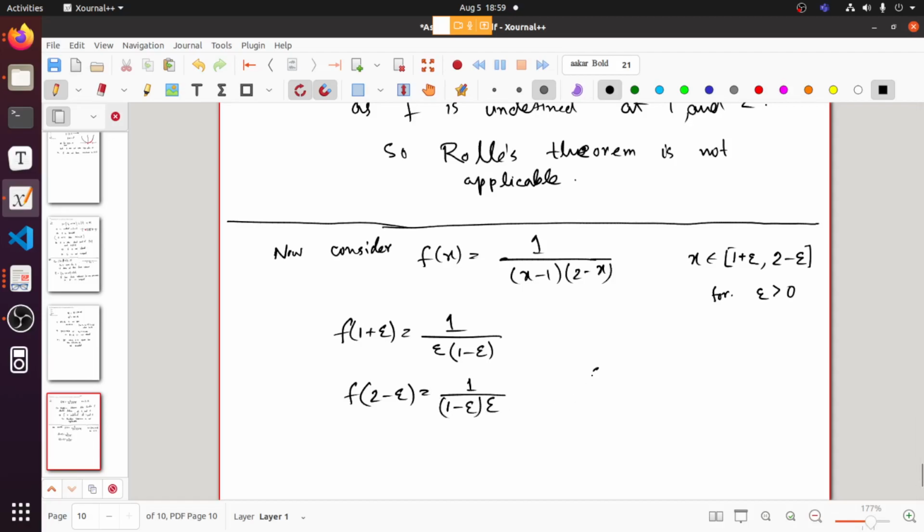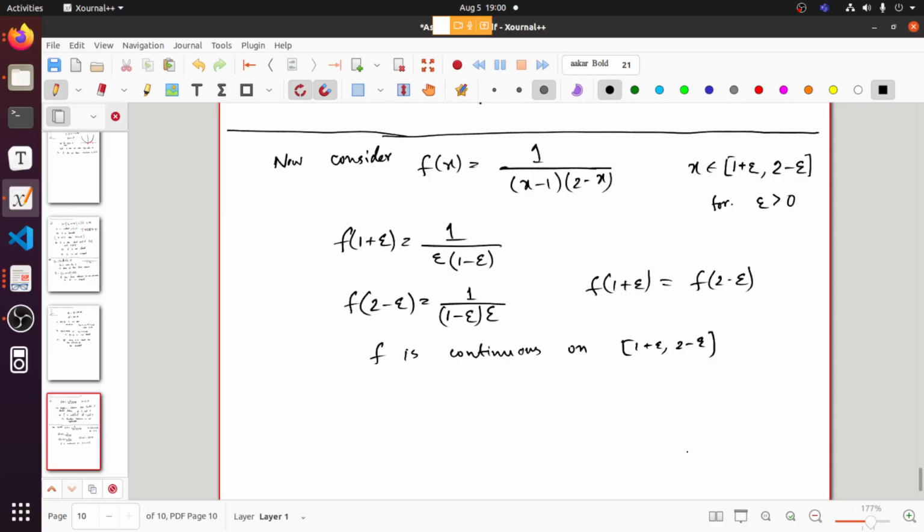So these two are the same, right? f of 1 plus epsilon is the same as f of 2 minus epsilon. You can check that f is continuous on [1 plus epsilon, 2 minus epsilon], and it is also differentiable on this open interval. So Rolle's theorem now is applicable.